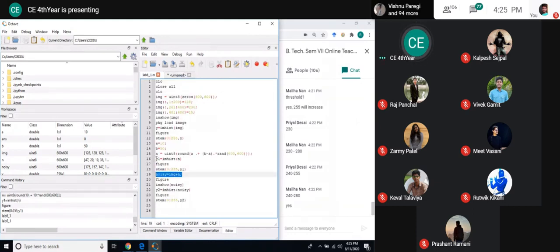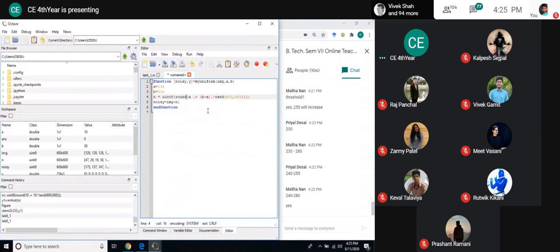Y is my histogram. So I will need one package here, so I should copy this. Okay, so what exactly is written? Y is written. Noisy image is written. Y is the histogram.